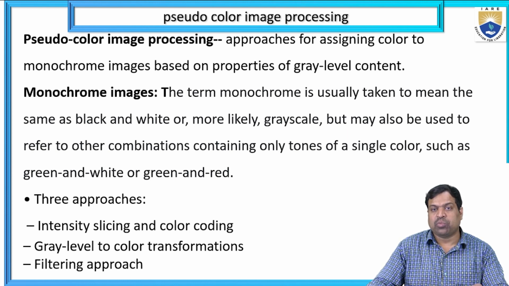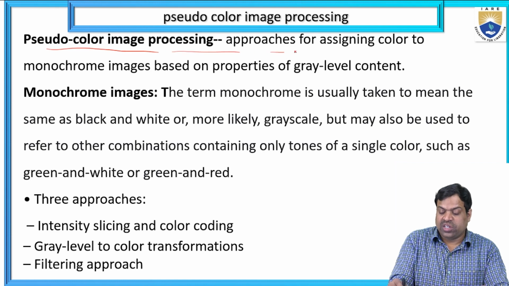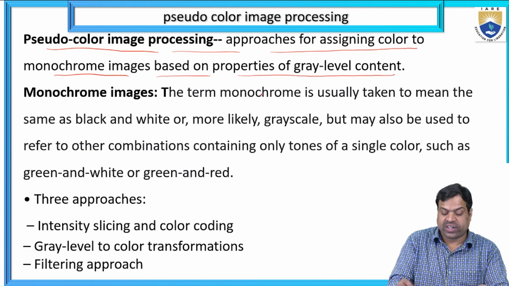So what are the approaches? Intensity slicing and color coding, gray level to color transformation, and the filtering approach. These are the three color approaches. First one is pseudo color image: an approach for assigning color to a monochrome image based on properties of gray level content. Another is the monochrome image.